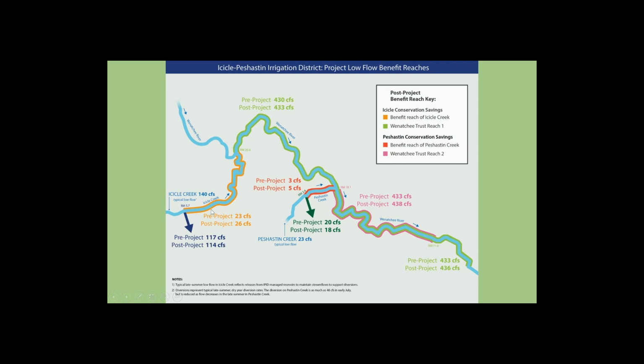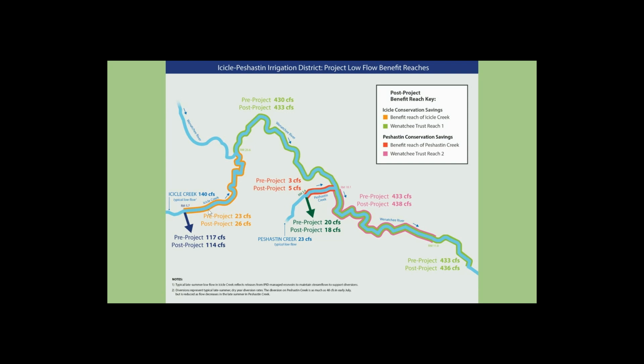The flows here, though, are not solely determined by the Icicle Irrigation District. I'll show you a map of this, but we've got Leavenworth National Fish Hatchery, Cascade Orchard Irrigation Company, and the city of Leavenworth. All of those entities are part of the Icicle Work Group, and they are participating in an effort to improve in-stream flows there.